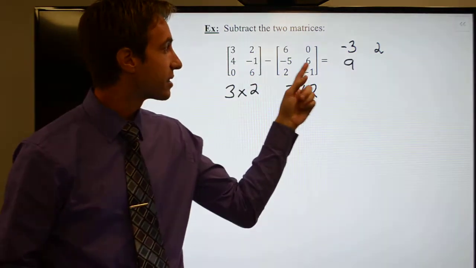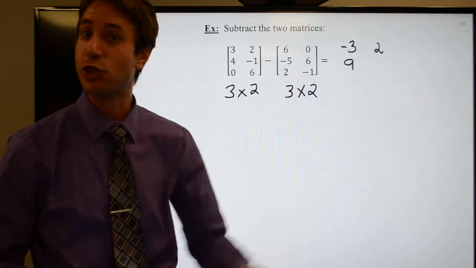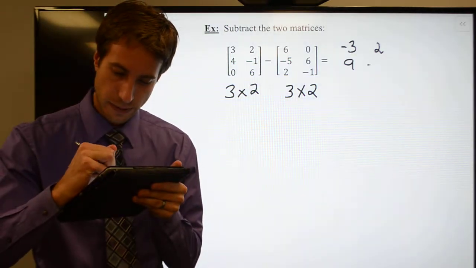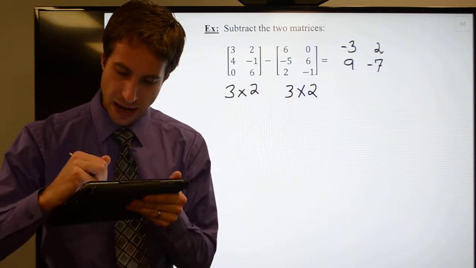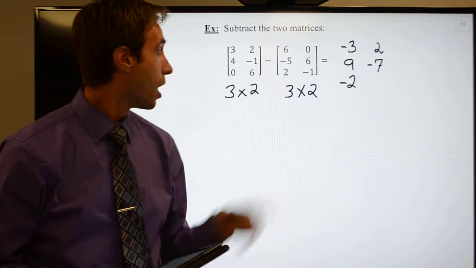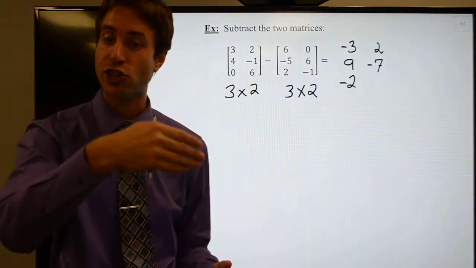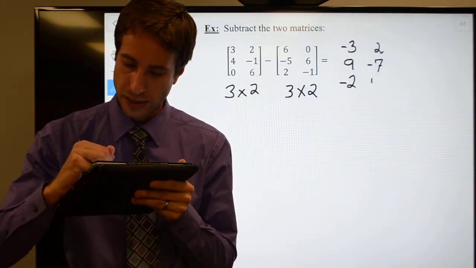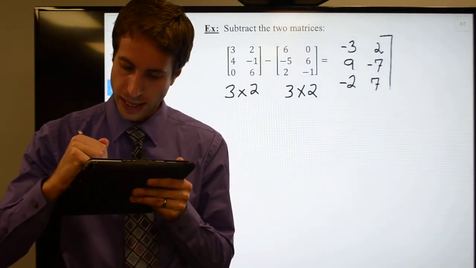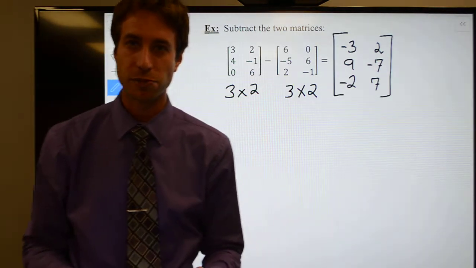Negative 1 minus 6 should give me negative 7. 0 minus 2, how about a negative 2? 6 minus a negative 1, double negative, add a line, change the sign, so it would now be 6 plus 1, I get another 7. Put that guy inside brackets, you just found your difference matrix.